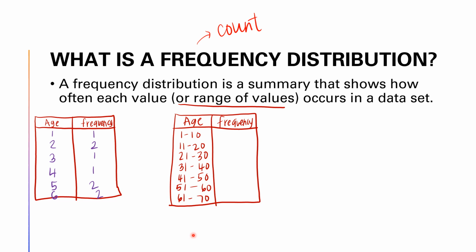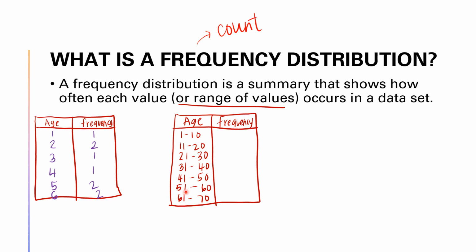Your variable can be written out with each value if you don't have very many options for what your data could take on.